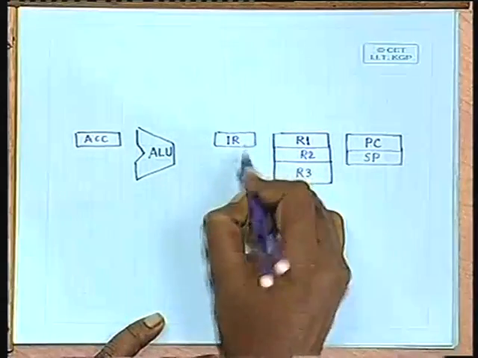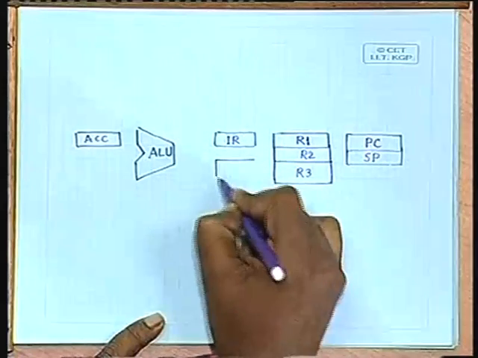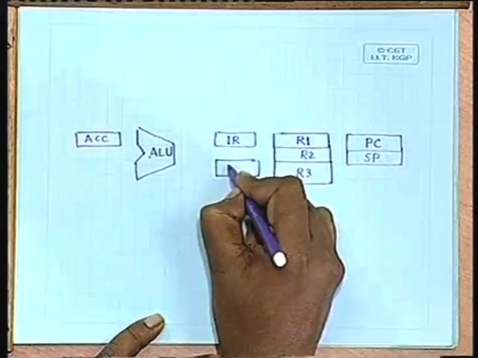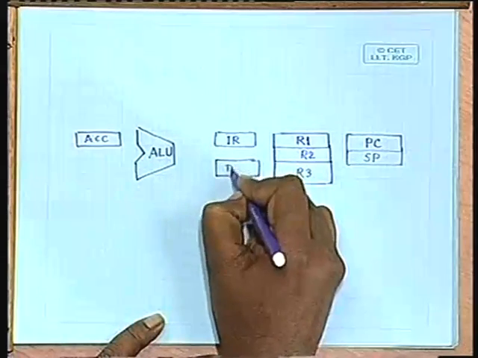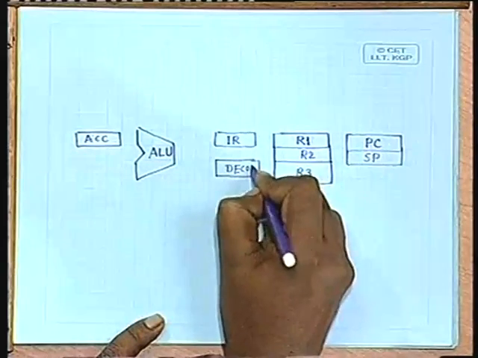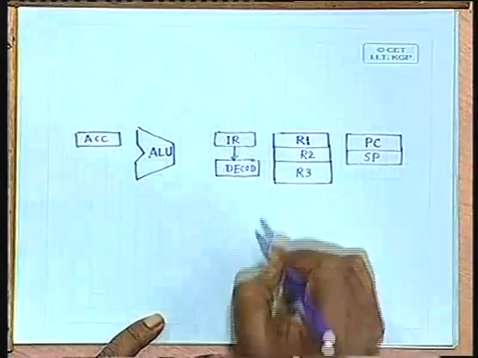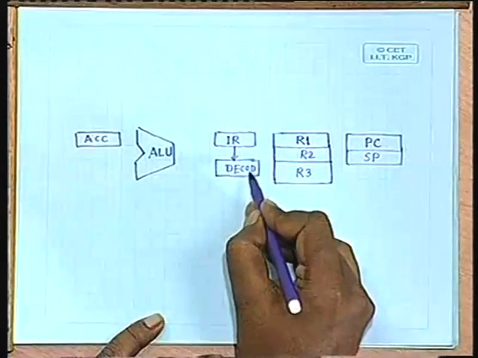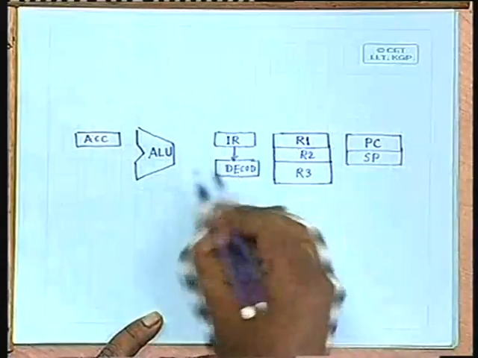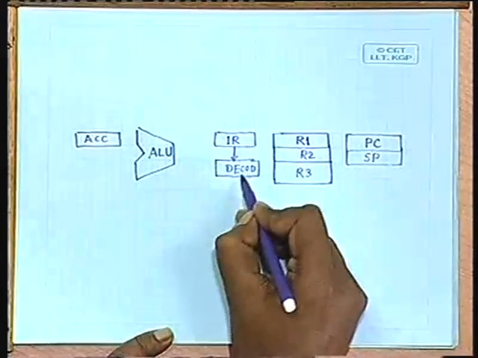Now, from this instruction register, this instruction code goes to what is called an instruction decoder. The instruction decoder decodes the instruction, and after decoding, only then does the CPU know what this instruction is supposed to do.